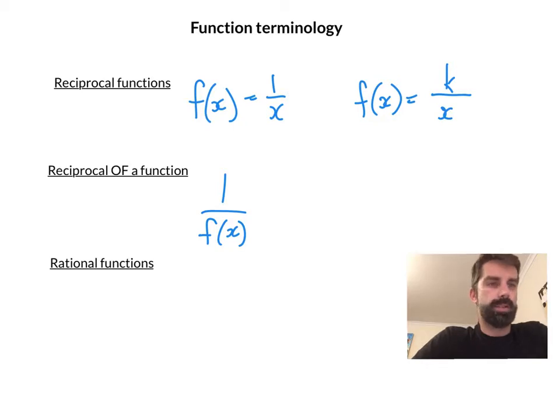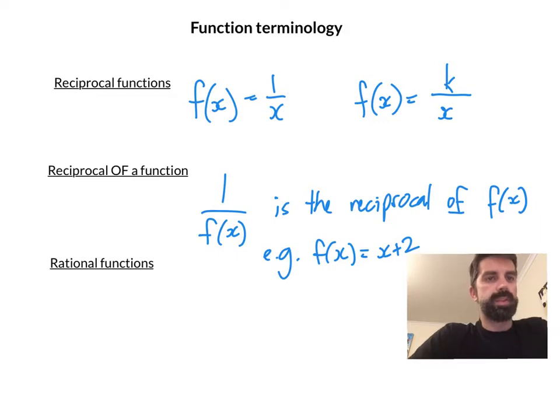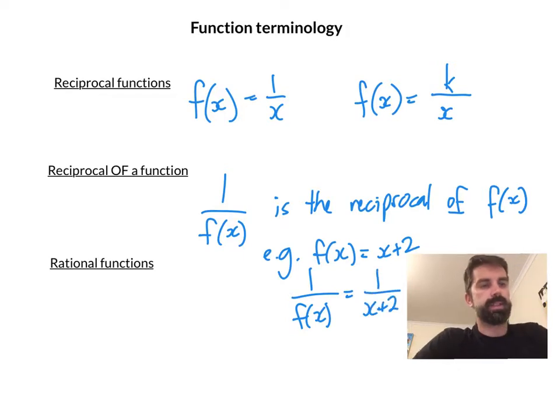So if we have 1 over f of x, then we can say that 1 over f of x is the reciprocal of f of x. So, for example, if f of x equals x plus 2, the reciprocal of that would be 1 over f of x, which would be 1 over x plus 2.